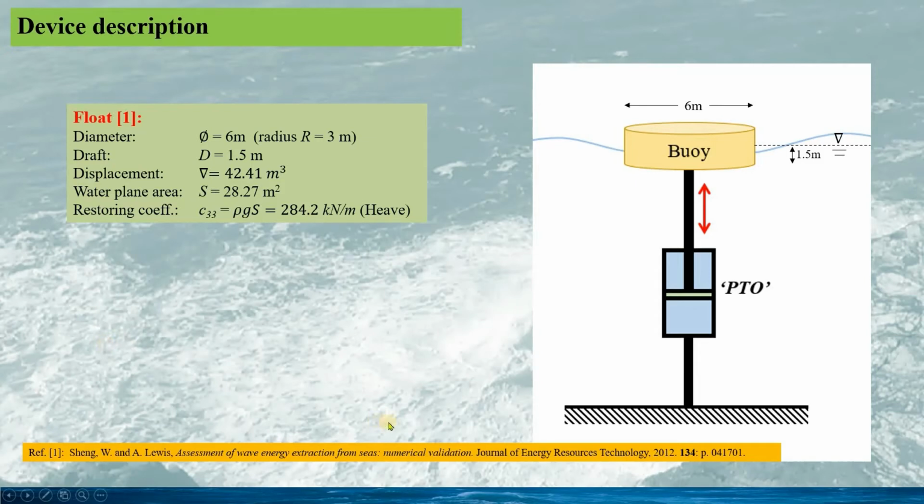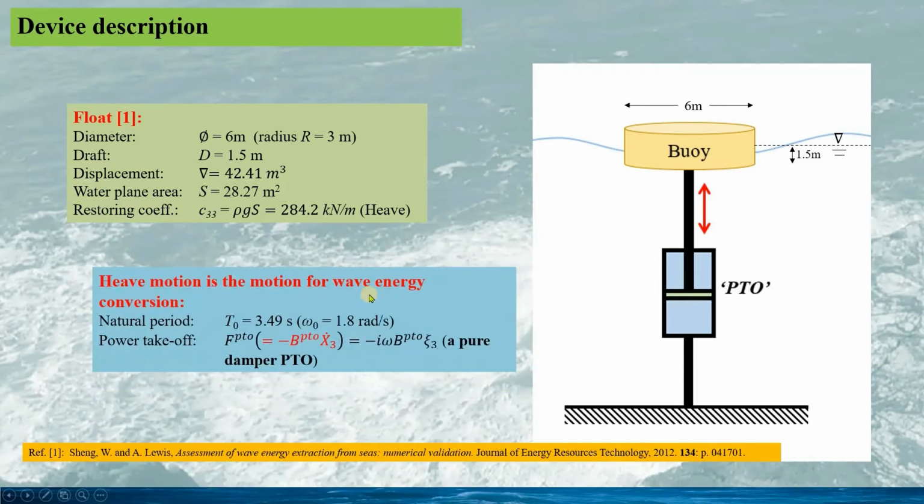And this buoy has been examined in this reference. The natural period of the float is 3.49 seconds, or a frequency omega 0 of 1.8 radians per second. The power takeoff system would be considered as a linear damper power takeoff. The power takeoff force would be given as F_PTO proportional to the float's velocity.